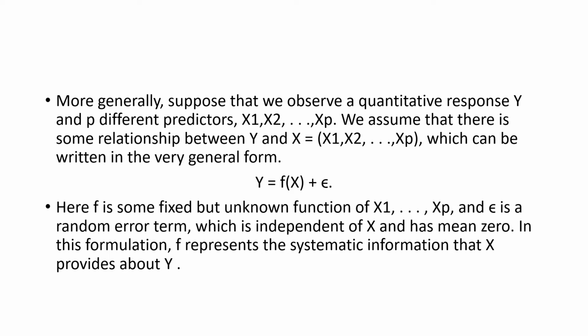Here f is some fixed but unknown function of X1 to Xp, and ε is a random error term which is independent of X and has mean 0. In this formulation, f represents the systematic information that X provides about Y.